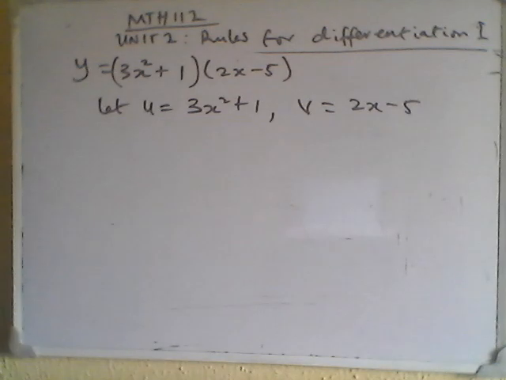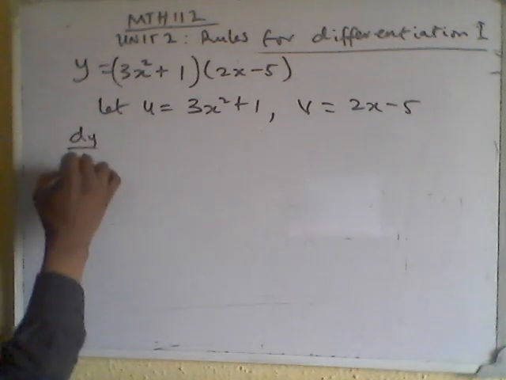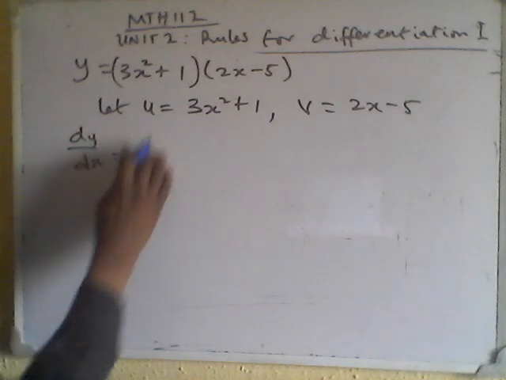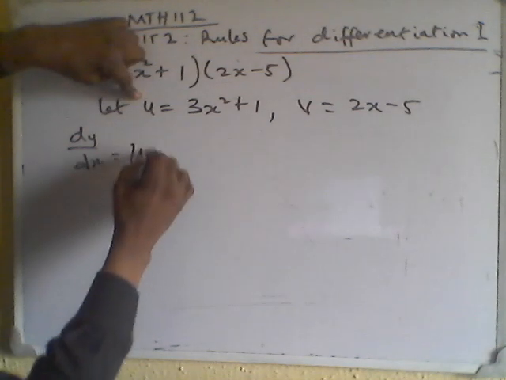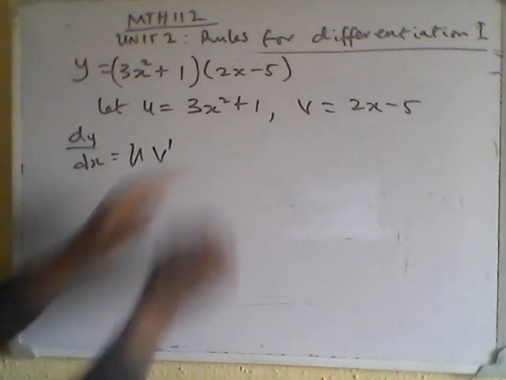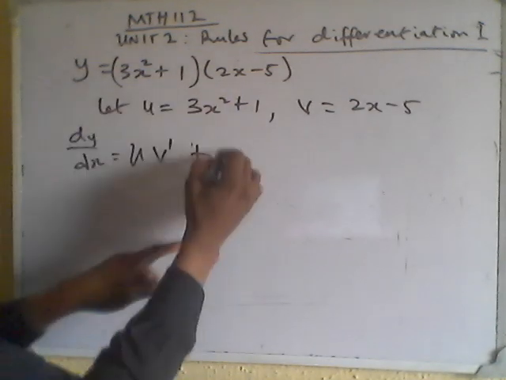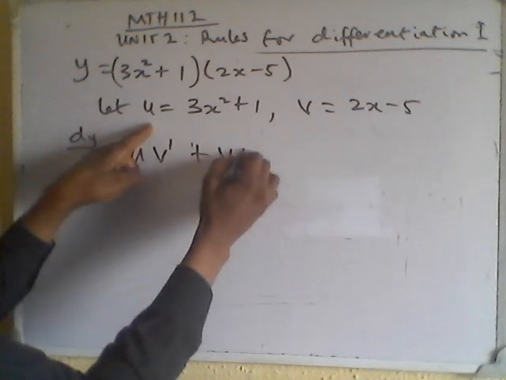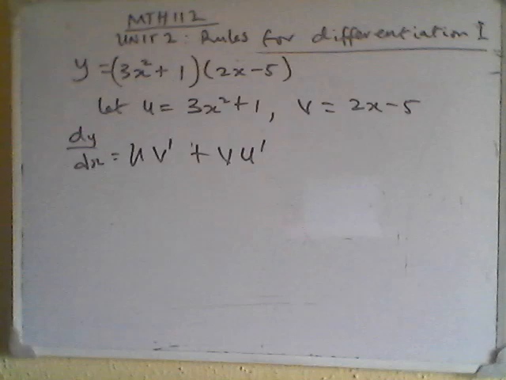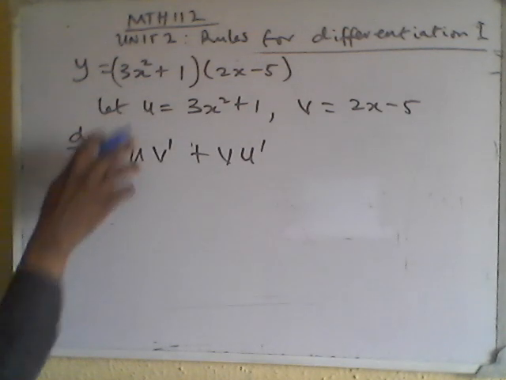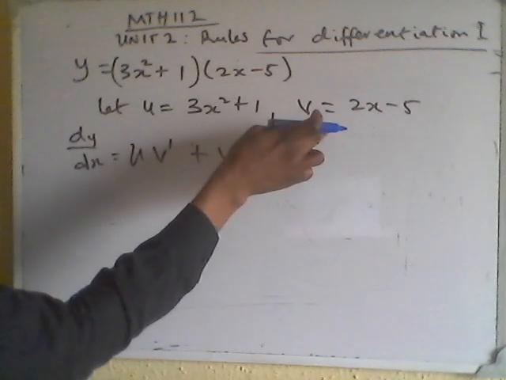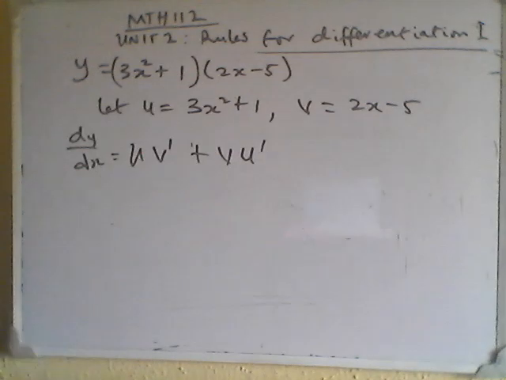So there are two functions here. So dy dx is equal to this times this, plus this times this.